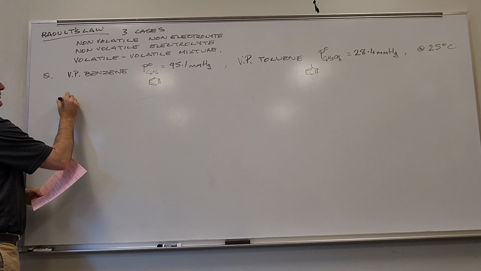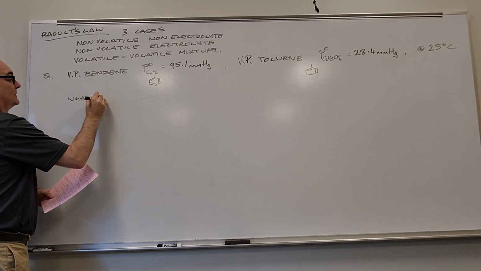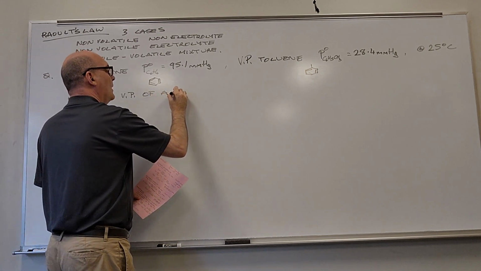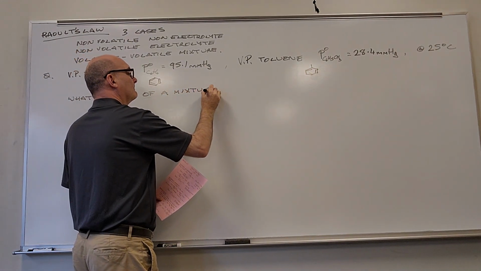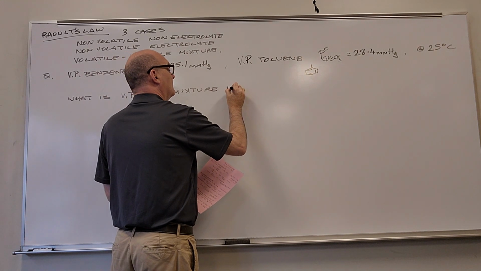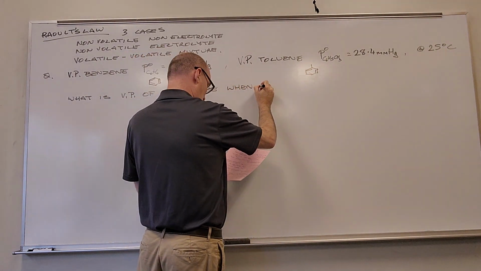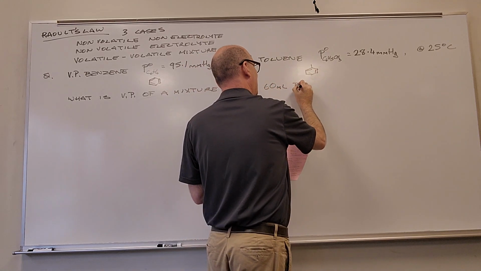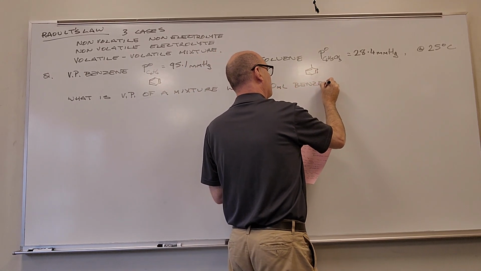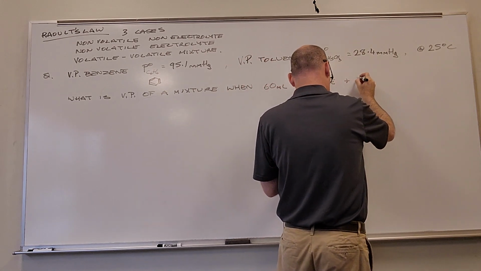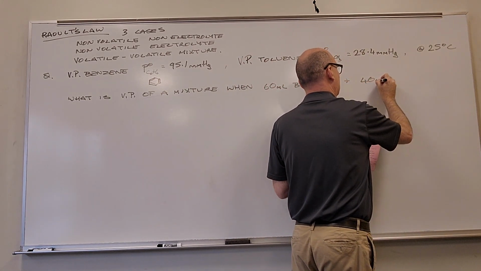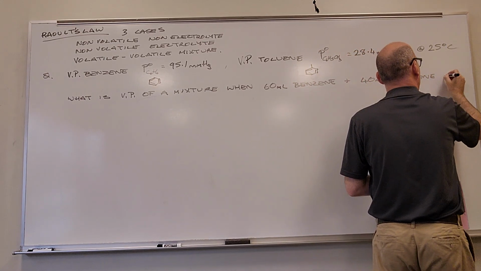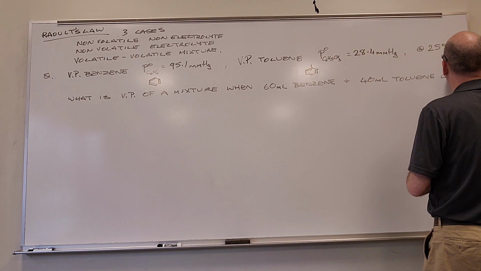Okay, question. What is the vapor pressure of a mixture when you take 60 milliliters of benzene and 40 milliliters of toluene are combined?